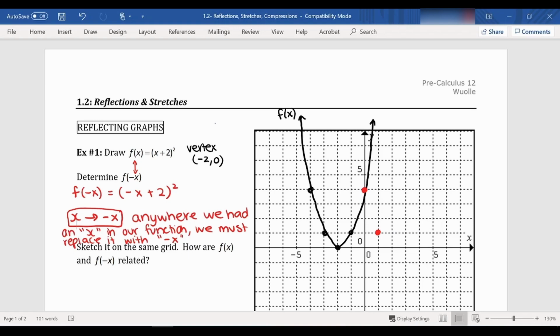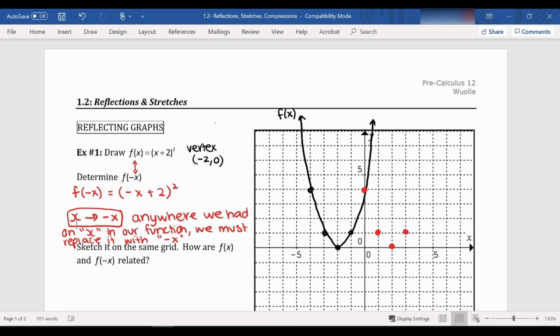If I pick x is positive 2, in my function I'll have (-2 plus 2) all squared, or 0 all squared, which is 0. Okay, let's keep going to the right. I'll pick 3. If I plug 3 in, I get (-3 plus 2) all squared, which would be (-1) all squared, which is 1.